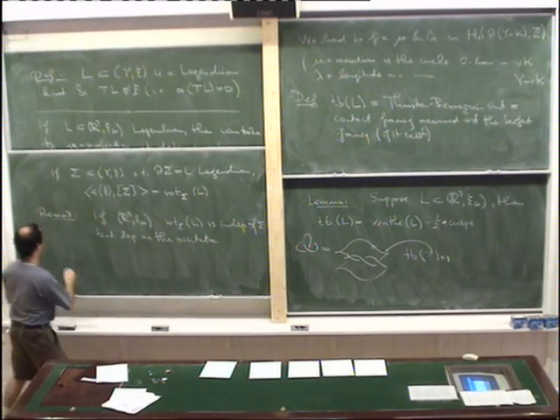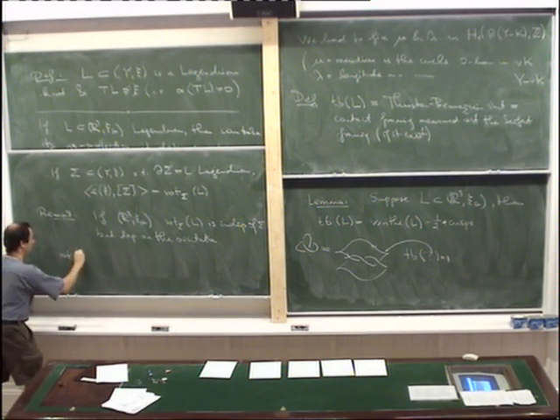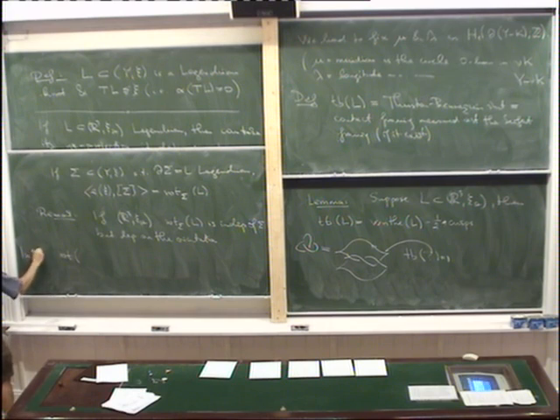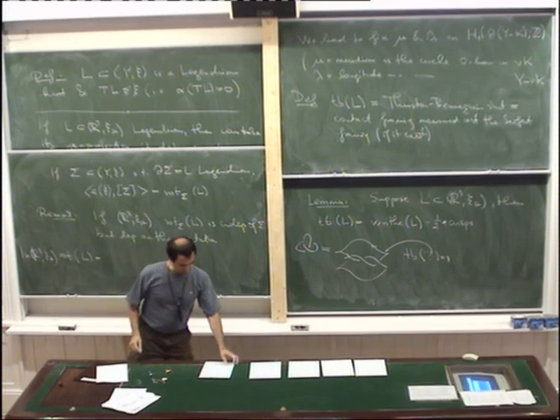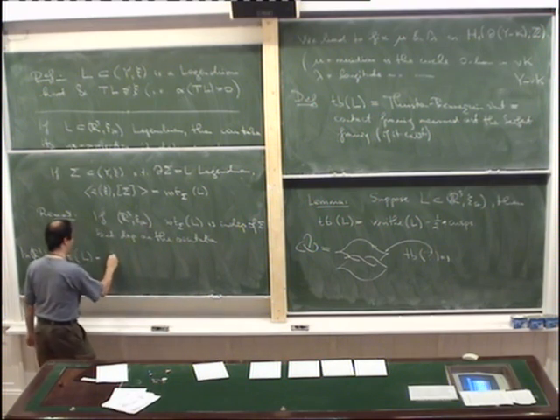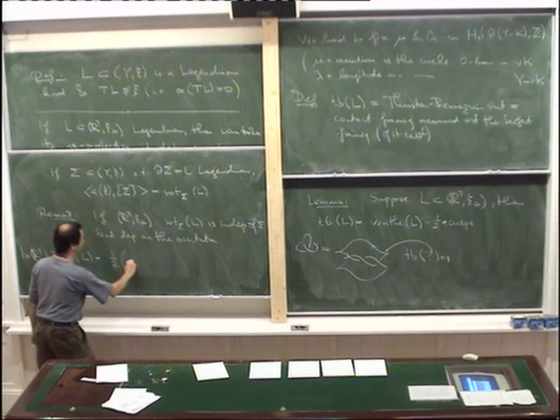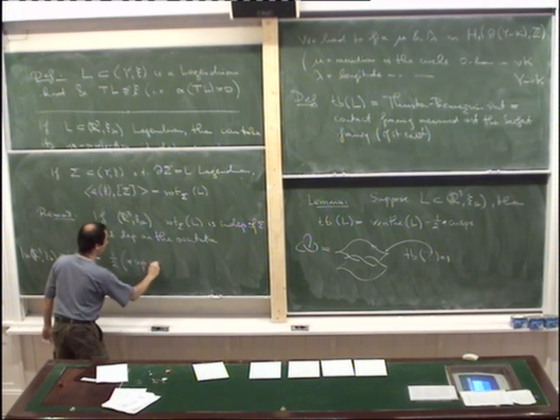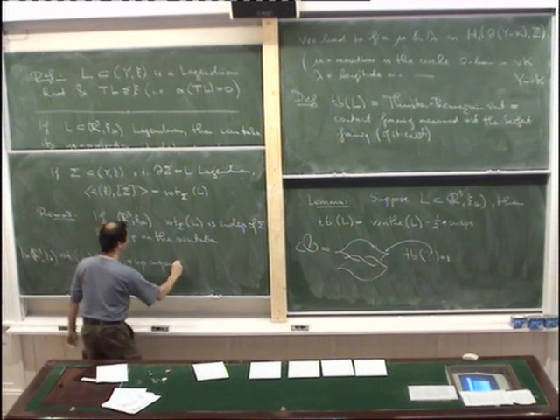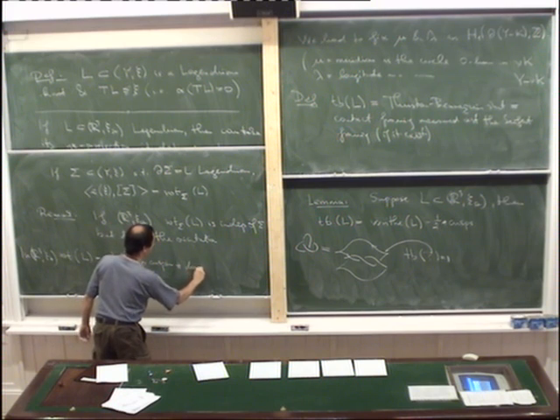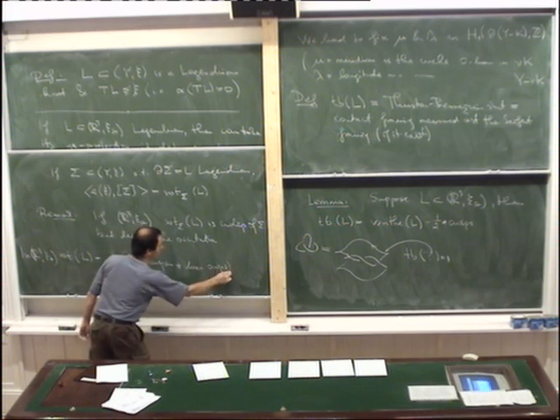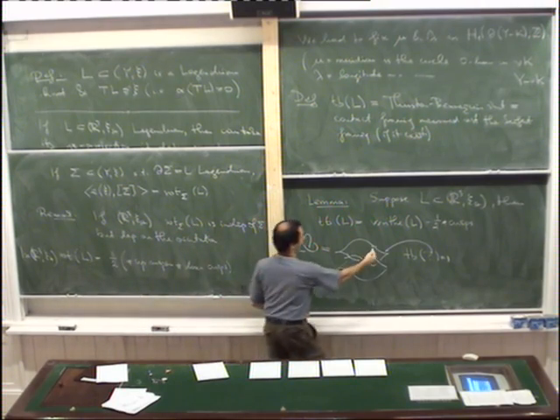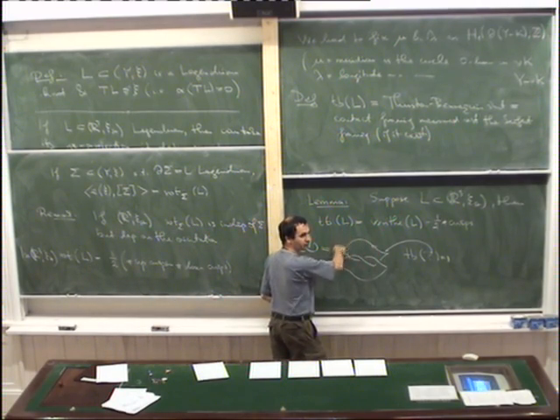And so here is the formula for how to actually compute it. In standard R3, the rotation number of a Legendrian knot can be determined from its knot projection, from this YZ projection, by taking the number of up cusps minus the number of down cusps, where we just fix an orientation, and when you pass a cusp, either you go down or you go up.